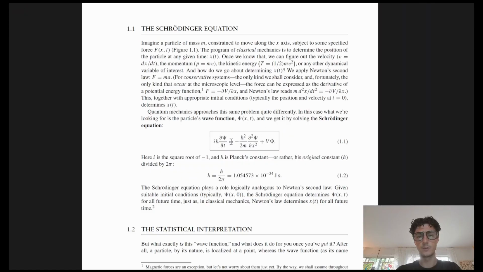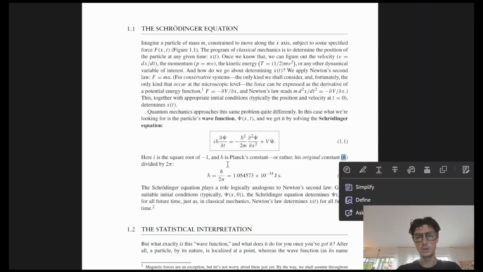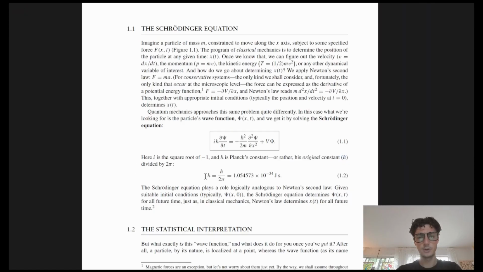Very important equation. We're going to be slamming this equation for the entire book, basically. You're going to learn to solve it for different potentials V and find the wave function over here. Here, i, which you can see right over here, is the square root of -1, and h bar, which you can see right here, is Planck's constant, or rather, his original constant, h, without the bar, divided by 2 pi.